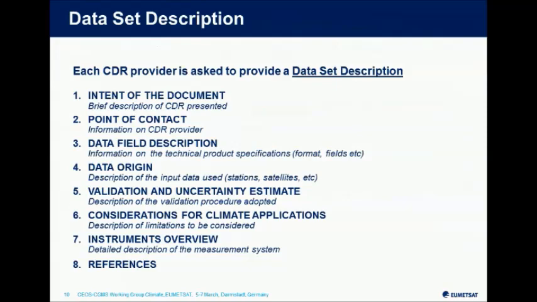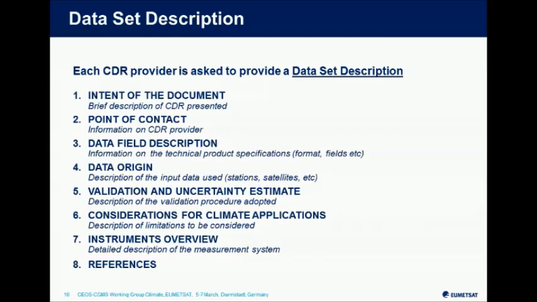And then the next one is the most important part. It's about how well the data record is validated and what the uncertainty estimates in the data set are. So the user will get the information on the state of uncertainty in the data set. It's not too detailed; one can write a brief description and then point to some documents describing the detailed validation and so on.